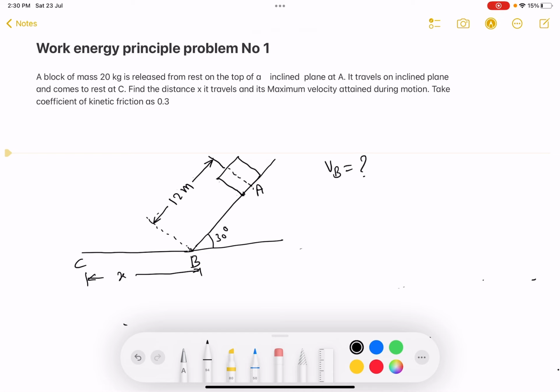To find VB, let us apply the work energy principle between points A and B, right? So what is the work energy principle? Let me write down that equation.